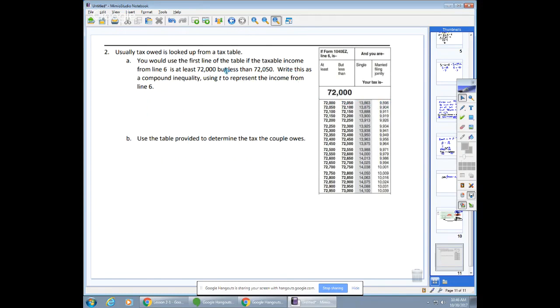They want us to use T to represent the income from line 6, and to write it as a compound inequality. A compound inequality is where you put the variable in the middle. T here represents our taxable income. According to the table, I'm focusing on that top line.